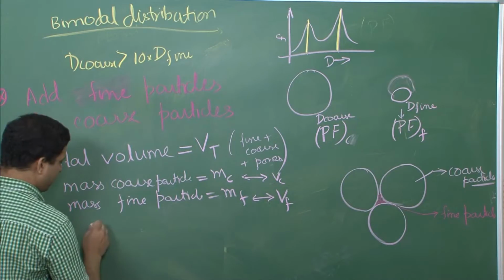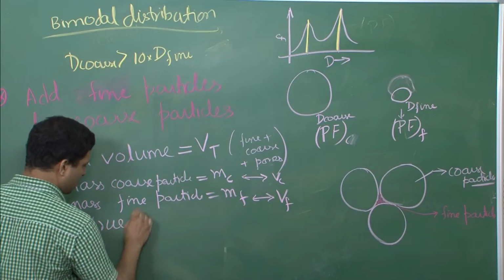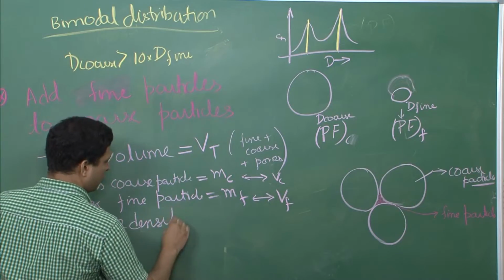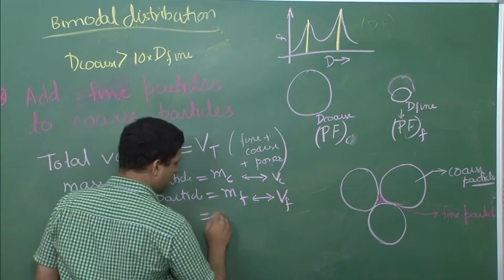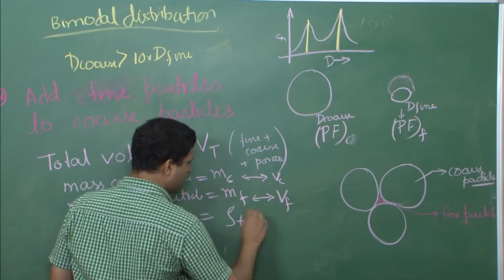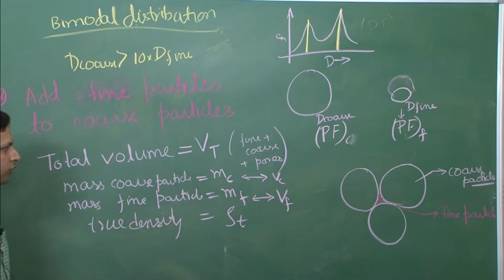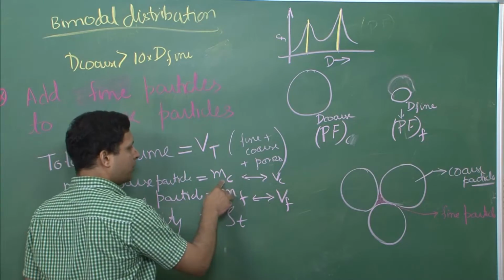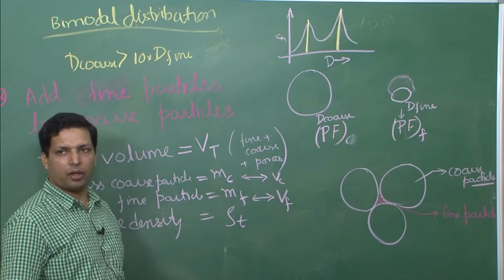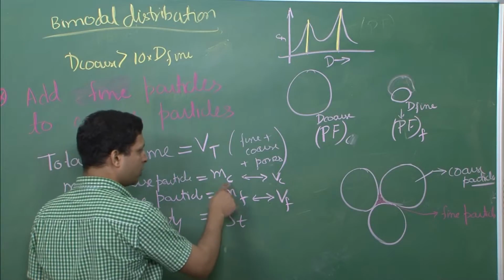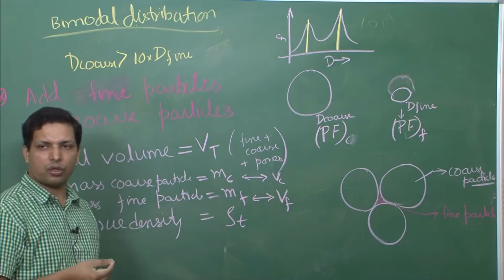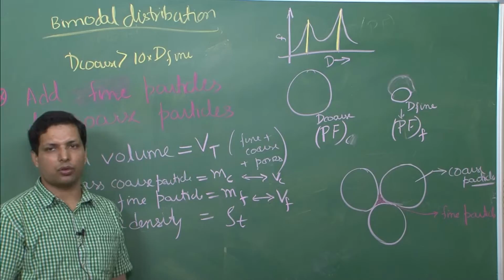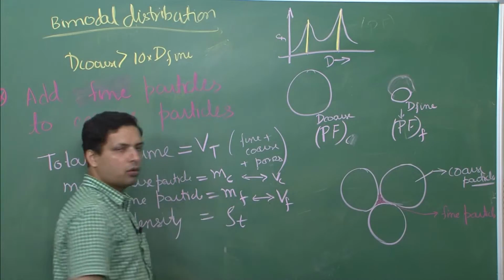And let me also define the true density. We will use the term rho T, and therefore if you take MC by Vc, it will be equal to rho T, the true density, because we are looking only at the mass of the coarse particles and only the volume occupied by the coarse particles.